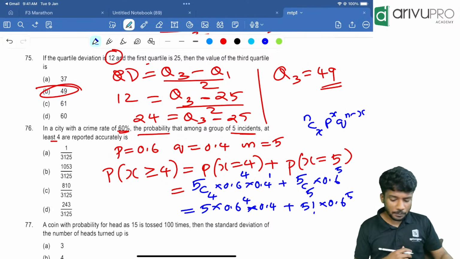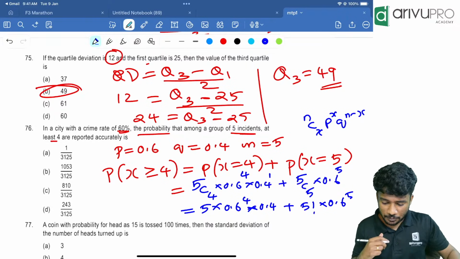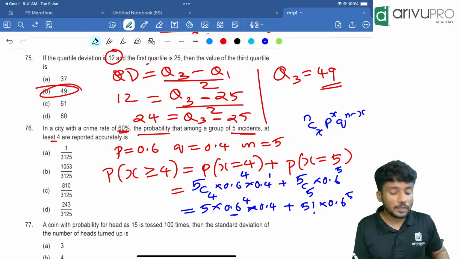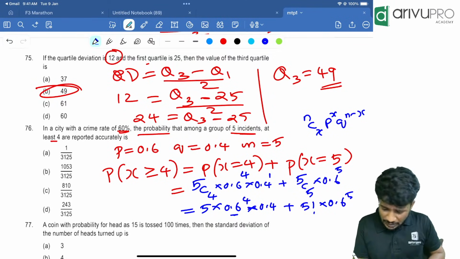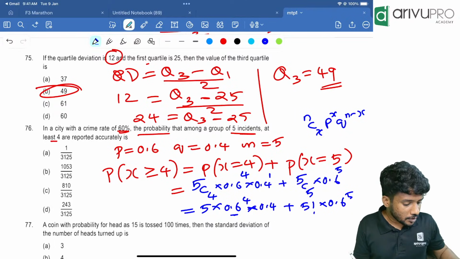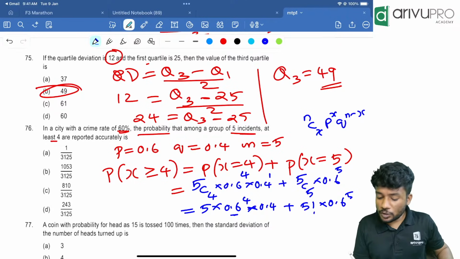Take your calculator, people. Use memory calculation and get me the answer. First find 0.6 raised to 4. 0.6 into equal to how many times? 3 times. Then multiply it with 5, multiply it with 0.4, then click M plus. Then 0.6 raised to 5: 0.6 into equal to 4 times, 1, 2, 3, 4.